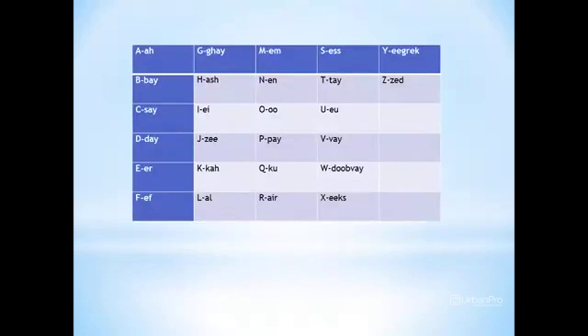Now, the letter A. In English, we call it A, and then in French, it is A. B is B. C is say. D, the. E, a. F, F. G, G. H, hash.